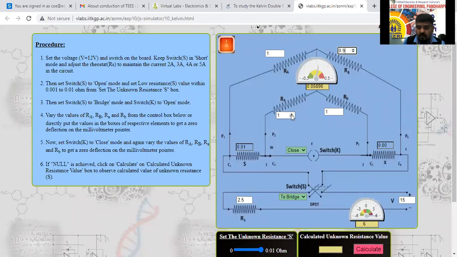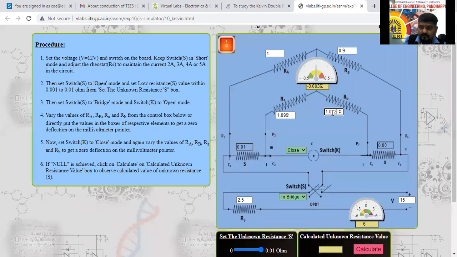Okay, here I will increase this one. 1.09. 1.099 is not there. Still some value is there, minus 0.1.